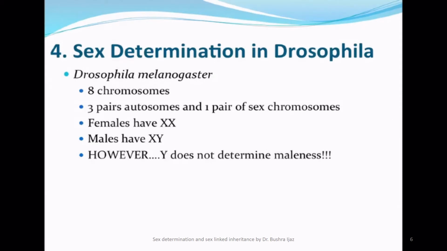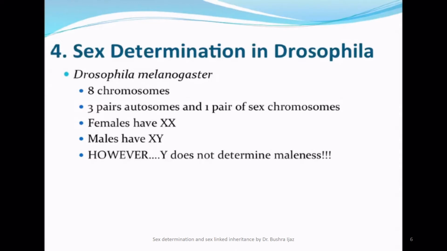The fourth type of determination system that we're going to talk about is very specific to Drosophila, or the common housefly. Just to give you a little background, Drosophila has a total of 8 chromosomes, which split into 4 pairs. 3 pairs are autosomes, and 1 pair is sex chromosomes.